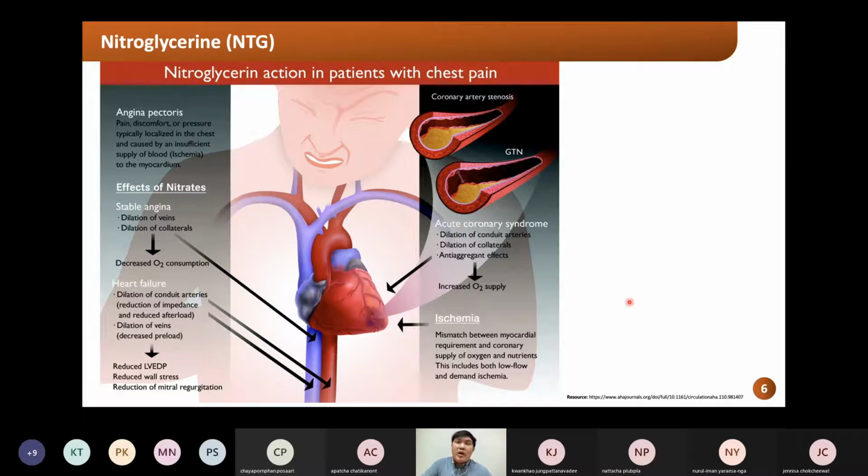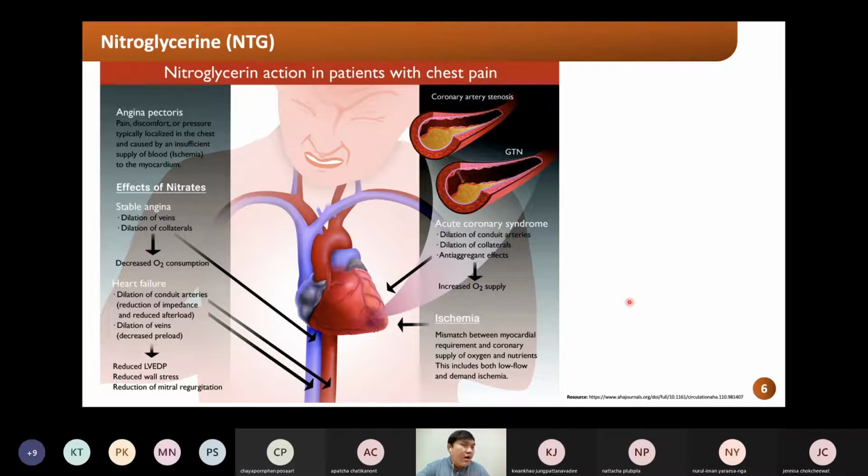The heart muscle may need more energy, so you can provide a vasodilator to dilate the vessel and perfuse more blood to that tissue to balance oxygen demand and supply. In other cases, a vessel might have a lesion like plaque or atherosclerosis that causes CAD, coronary artery disease, which also causes a mismatch between oxygen supply and demand.